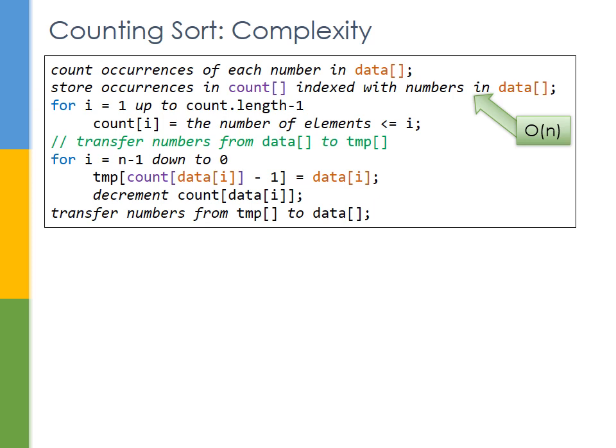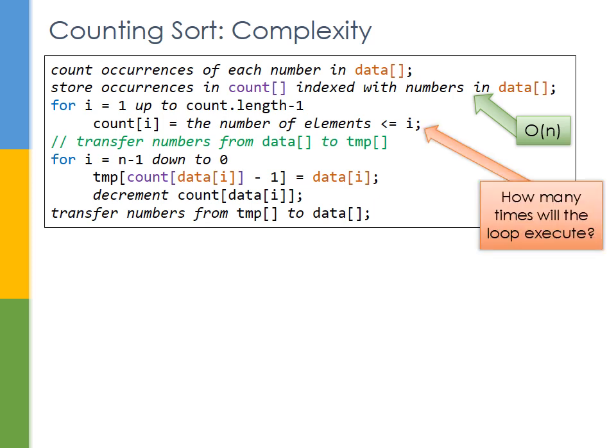Next, we need to consider this for loop over here. So this for loop runs from subscript 0 to 1 less than the length of the count array. Now, what we saw in relation to the count array is that the length of the count array is determined by a maximum number of digits, which is found over all of the numbers contained within the data array.